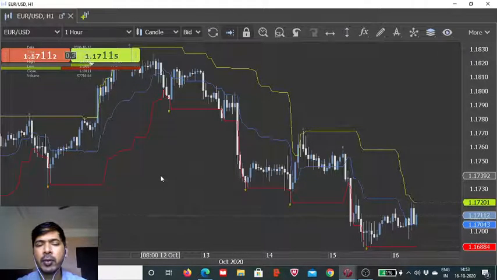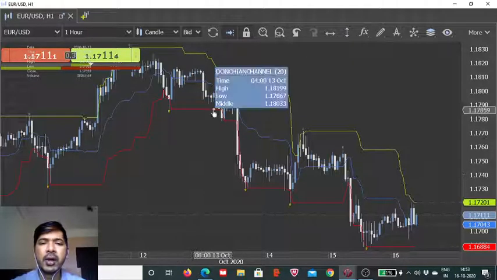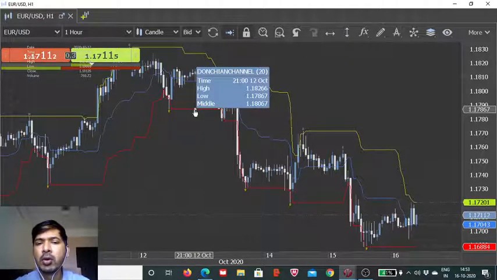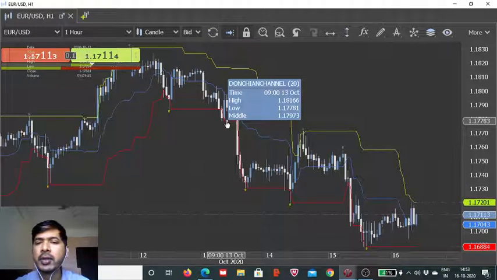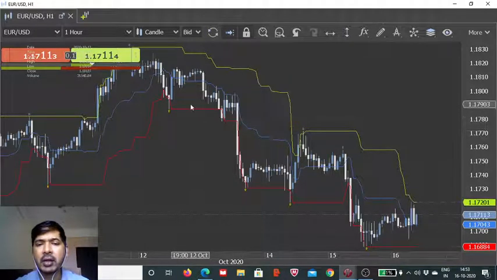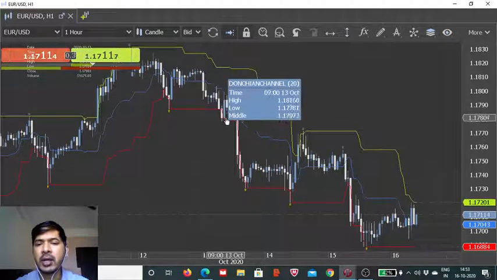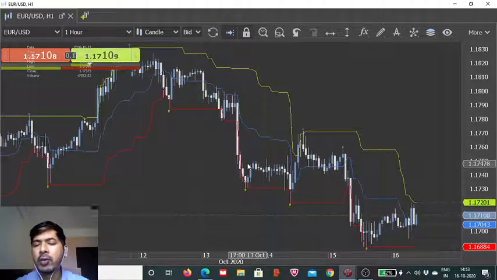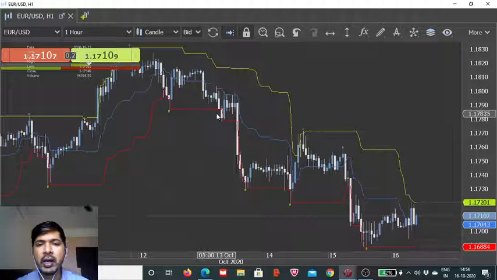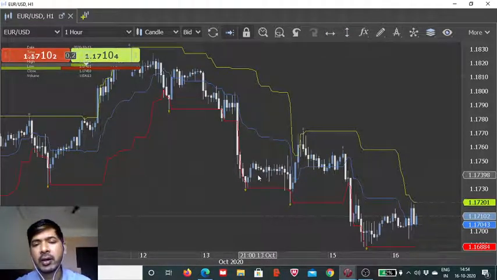And if the formation is that the lower low, that is this lower circuit, lower channel, or you can even call it lower band of this Donchian channel is going further lower, it is declining, then that is indicative of the fact that bearish forces are taking hold.